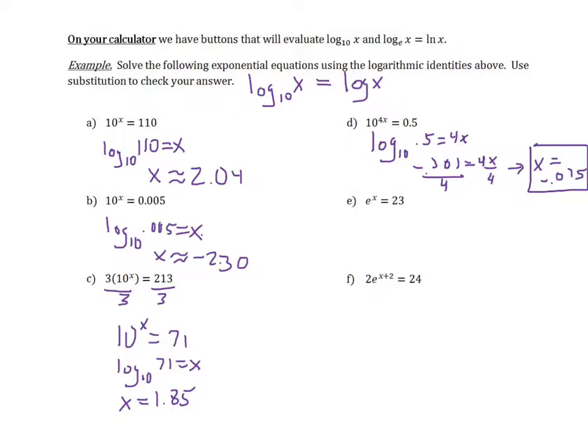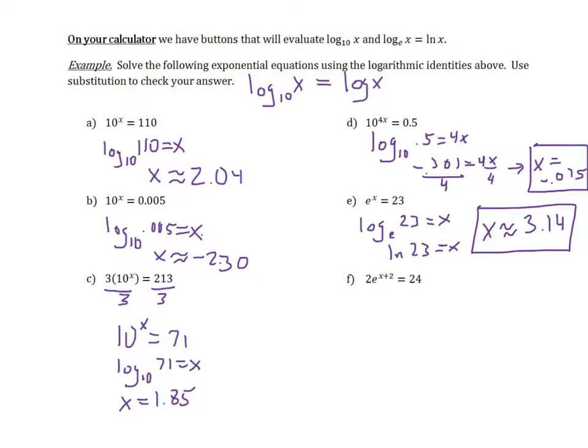All right. Here, now we got base e, so this is log base e. And if you really wanted to, you could write log base e of x. Actually, let's fix that. Let's make that log base e of 23, because x is the power. So the log of 23 is x. But more typically, we'll write this as ln, natural log of 23, equals x. And we just use our calculator to get an approximation. This gives us 3.14.